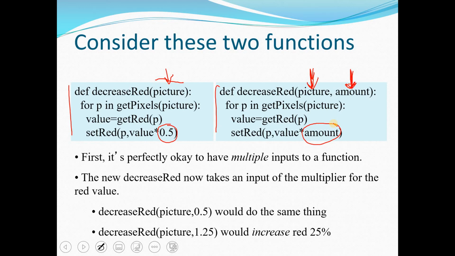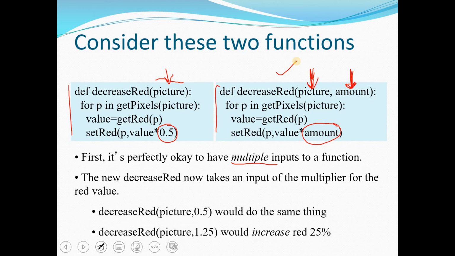You want to decrease the picture color by 25% or 50% or more, it's up to you. Okay, so here you see both the functions are correct, they have no problem. The first one, it is perfectly okay that you can have multiple inputs in the functions. So multiple inputs, it's okay, it's good. Which one is the better option? What do you say?